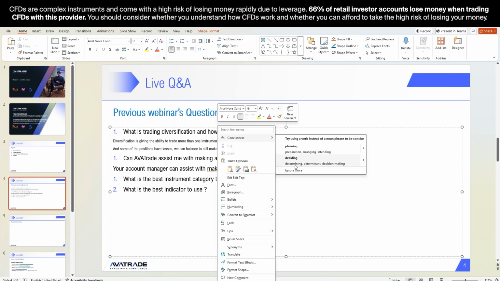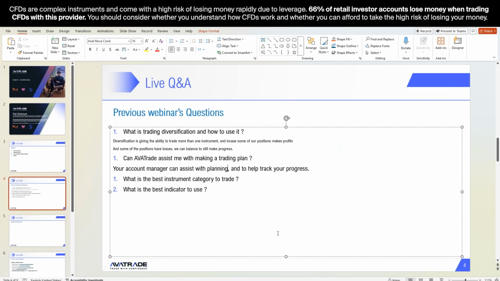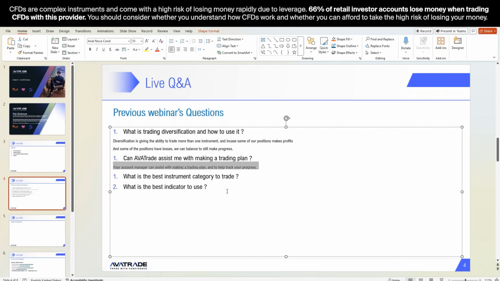With making a plan, why is it complaining? Maybe making a trading plan. Okay, it's still complaining, but I guess we'll leave it like this. Let it complain. All right.